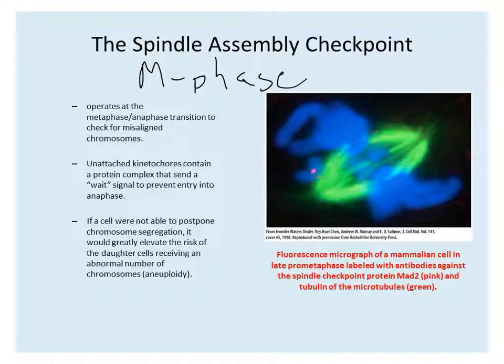Only when chromosomes are aligned will the wait signal stop being released, and then we'll get activation of the APC, and that will allow for initiation of anaphase. Now, this is a really critical checkpoint because it ensures that there is a proper number of chromosomes that end up in the resulting daughter cells at the end of mitosis. Alignment allows for proper segregation and proper numbers of chromosomes.